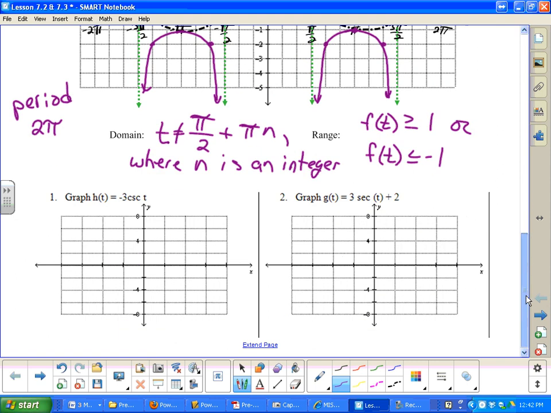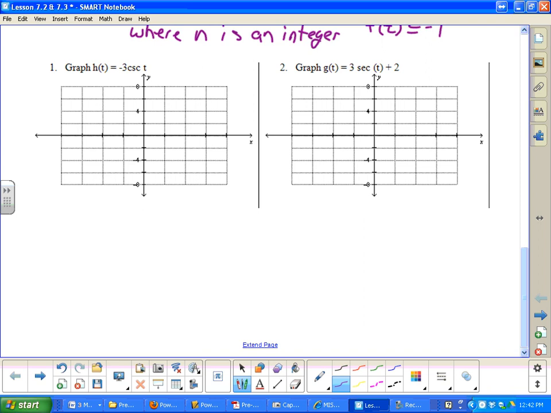Okay? All right. Transformations of secant and cosecant then. Now, we're going to do cotangent after this. All of our values are still the same. We're still talking about f of t equals c times f of a times t minus b plus d. There's still our transformations.